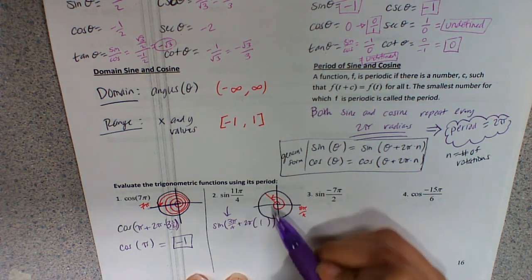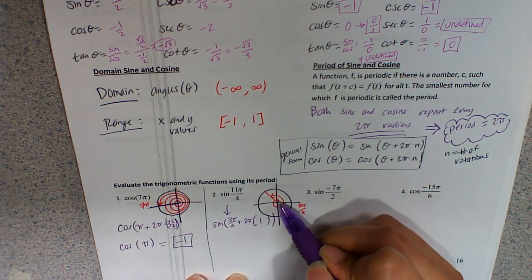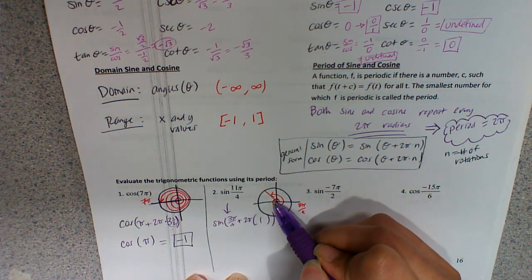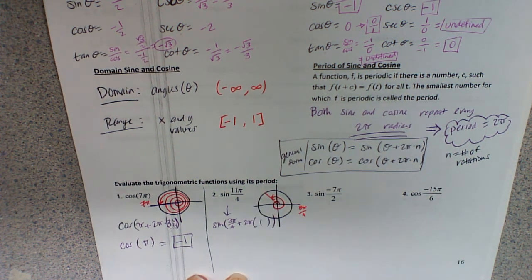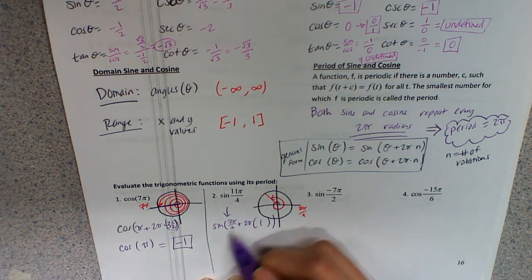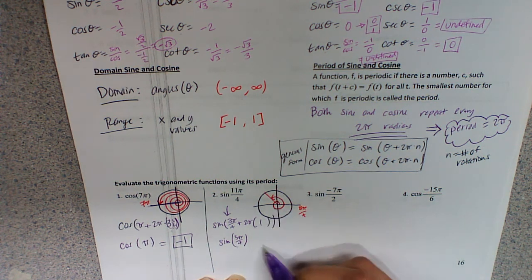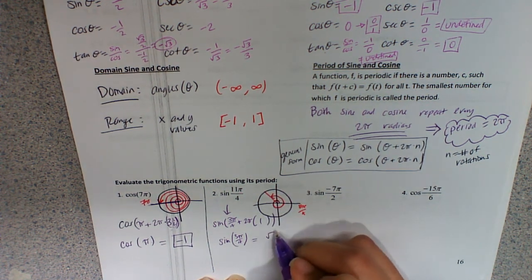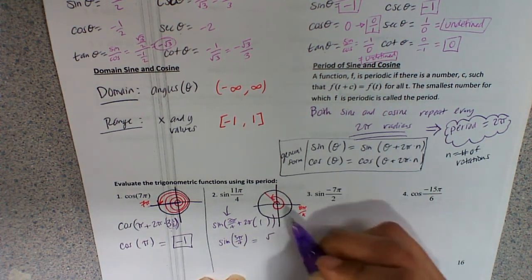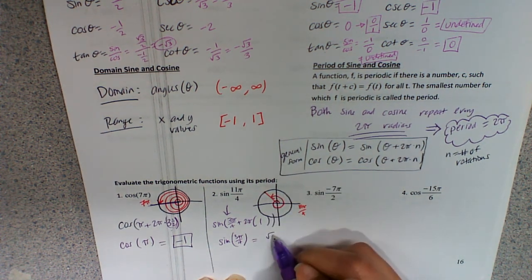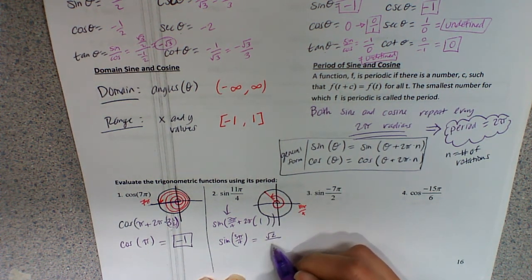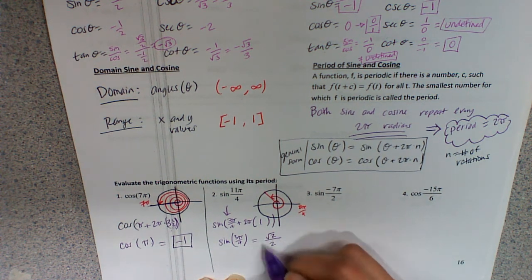If you think about it, it makes sense because if you go up to 3 pi over 4 and add a revolution, it takes you to 11 pi over 4. So now all we have to do is focus on 3 pi over 4, find the sine value at that, and because we're looking for the y value, the sine value in the second quadrant, it's going to be positive root 2 over 2, and that's your value.